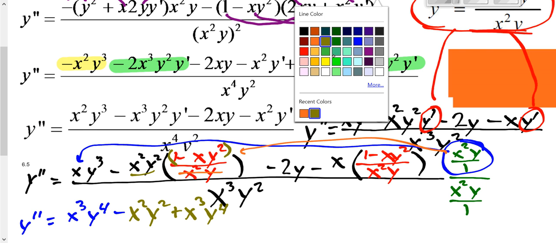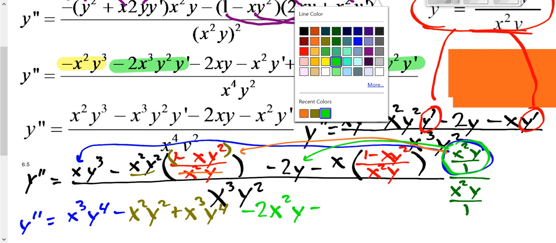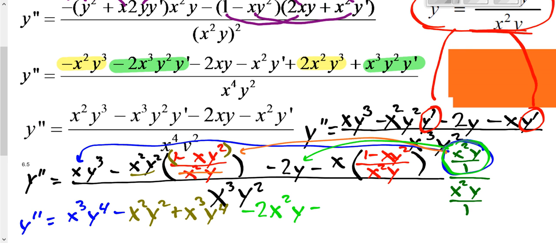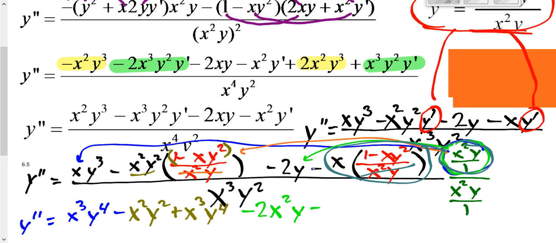Then I'll come along and I'll take this, distribute it onto here, which would be a negative 2x squared y. Now I need to take and distribute this onto this whole term right here, which cancels out the bottom, leaving me only with this negative x times the top. So take negative x times the top.